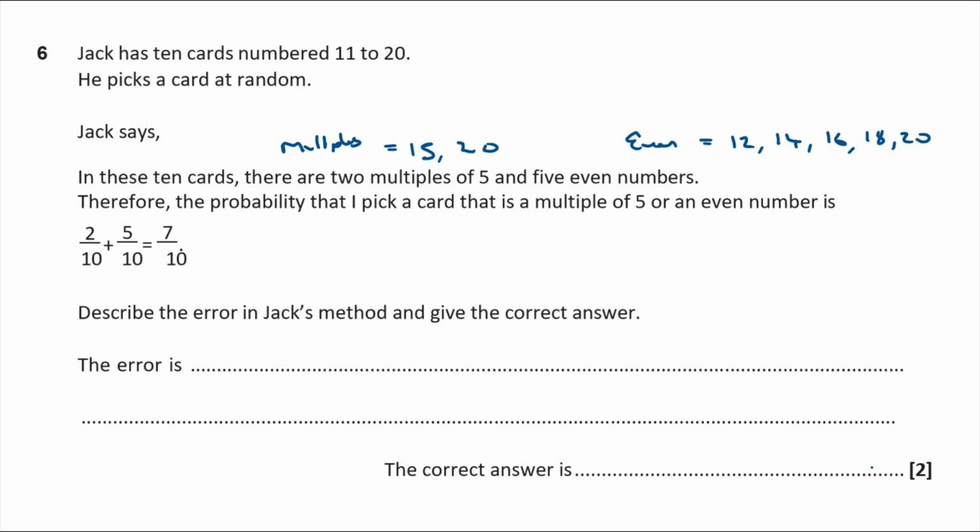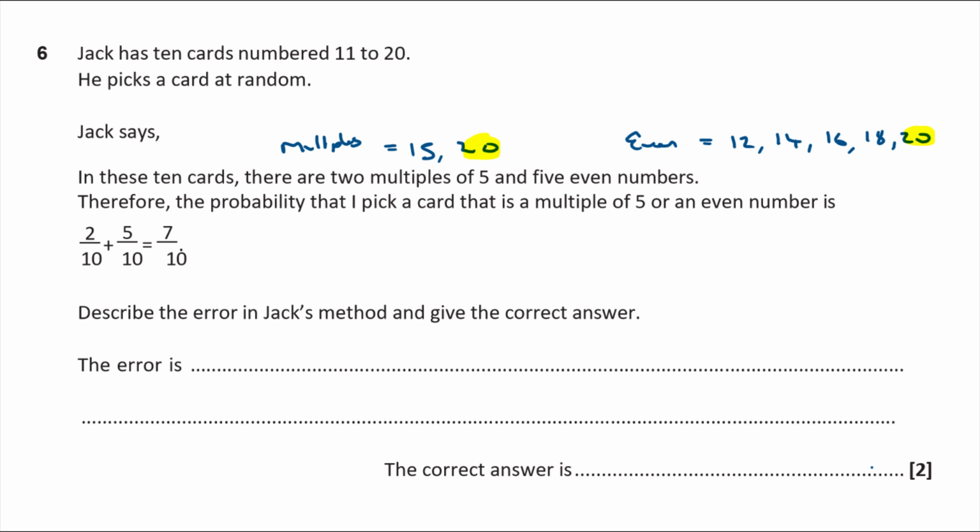But you'll notice you've got a 20 and a 20 here. So he's counted that 20 twice. Now you can only add probabilities together if they are mutually exclusive, and they're not, because they both contain a 20 and therefore they are not mutually exclusive.